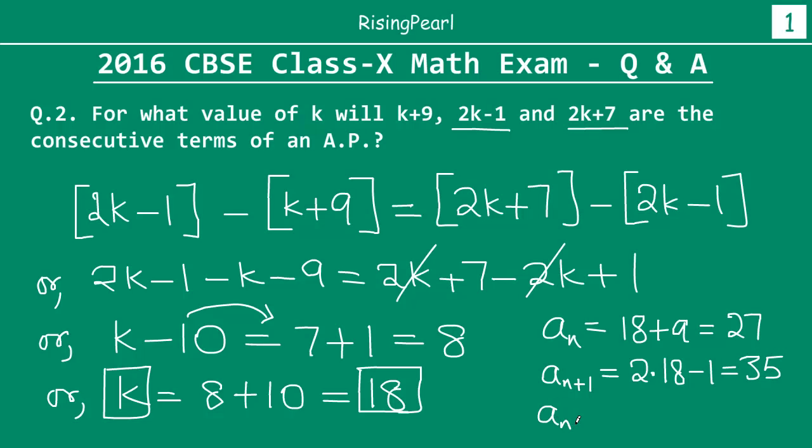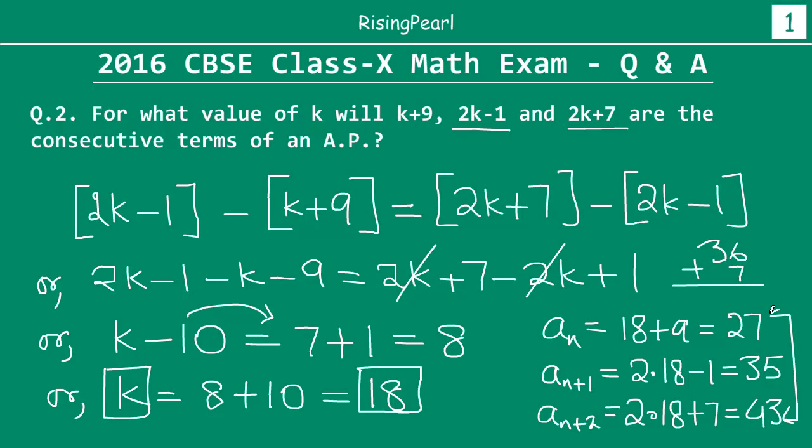Here you can check the common difference: 35 minus 27 is equal to 8, right? So 35 plus 8 will be 43. Let's see if the last term is actually 43. 2 times 18 plus 7 is 36 plus 7, which is indeed equal to 43. So we see that indeed these are consecutive terms of an arithmetic progression.